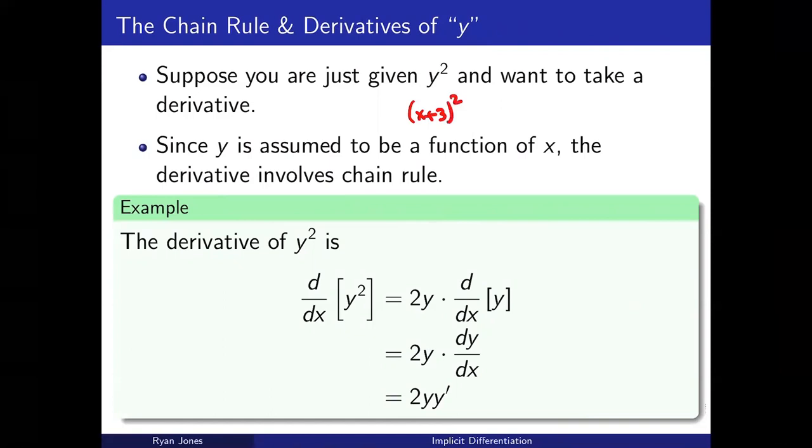Or maybe y isn't equal to x plus 3. Maybe y is equal to e to the x plus 1, and then I'm squaring it. There's an infinite number of possibilities there, but just pretend that this y squared is really just a whole bunch of stuff in terms of x, squared.